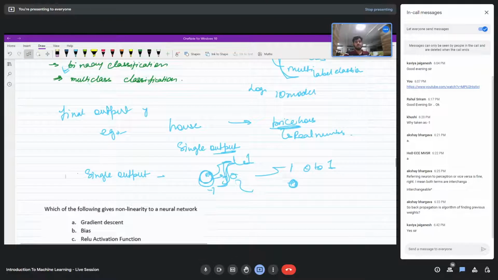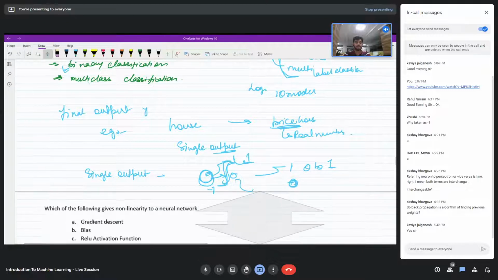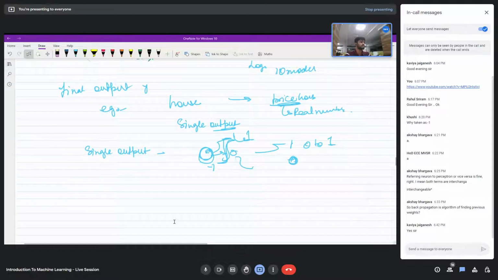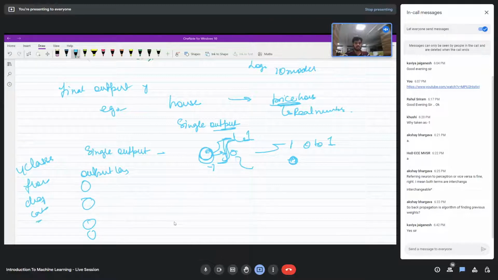Now, if you move to multi-class classification, then your output layer should have a number of neurons equal to the number of classes that you have. So if this is your output layer, let's say we have 4 classes. You want to know if it is a flower or a dog or a cat or some other class.